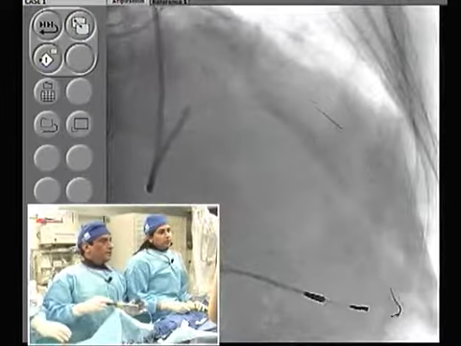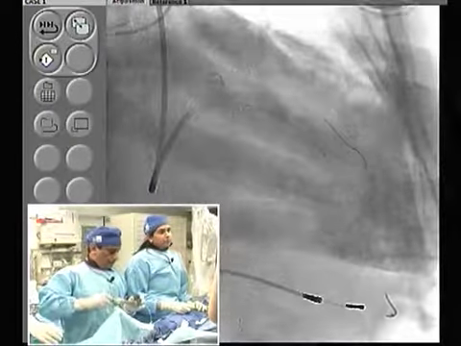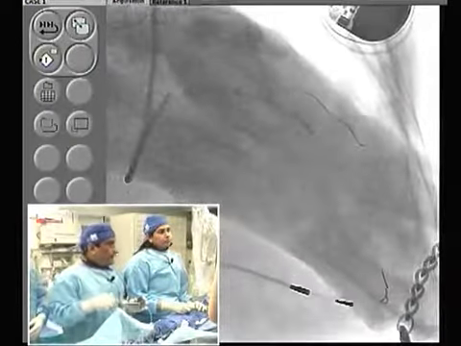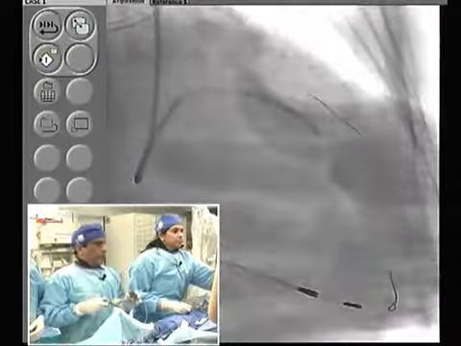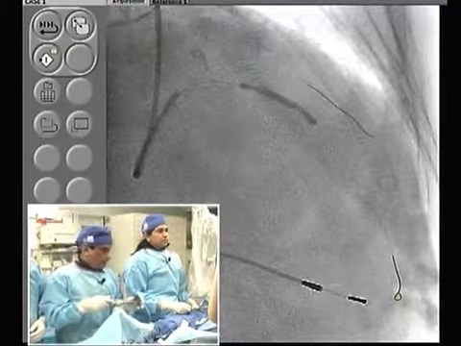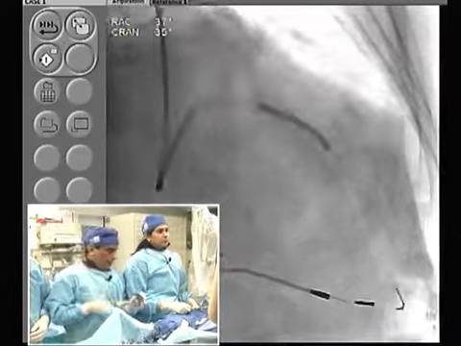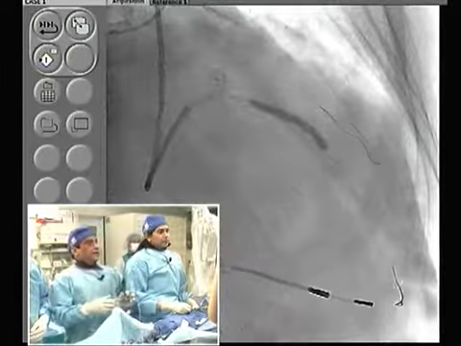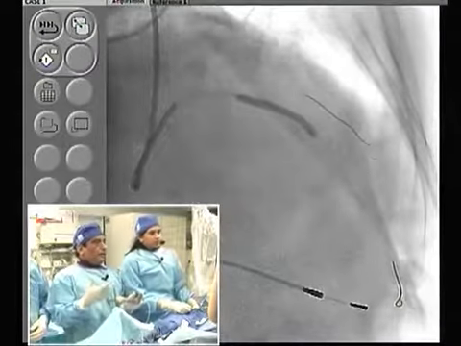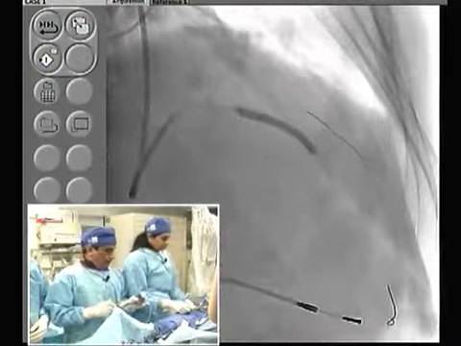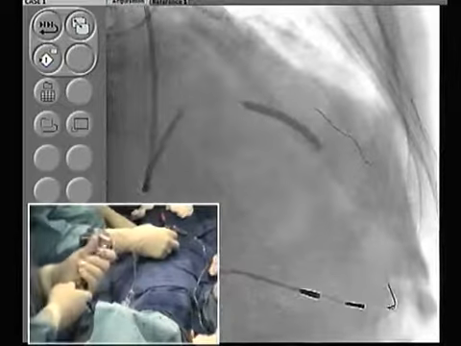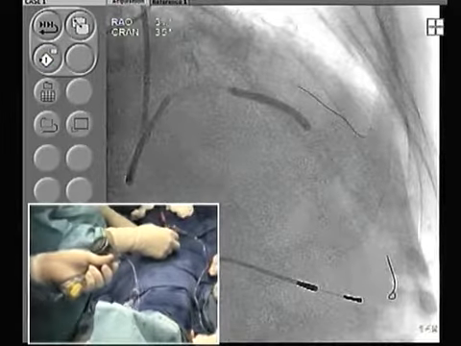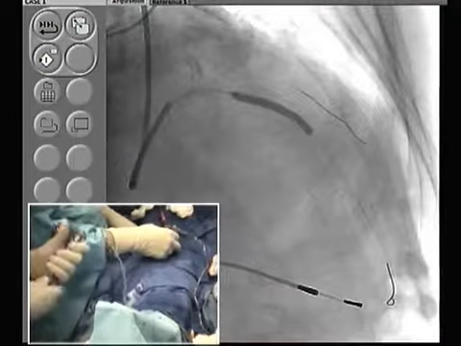Samin, would IVUS have given you any additional information in this case? For many people, they rely on the degree of calcium and the vessel sizing, and some just rely on their own angiographic point of view. I call it EB IVUS, eyeball IVUS, just like the eyeball QCA we used to have.